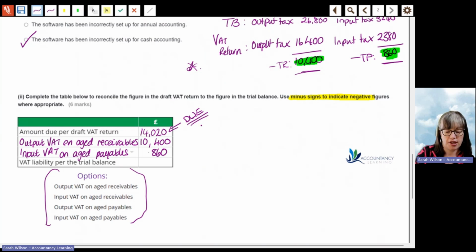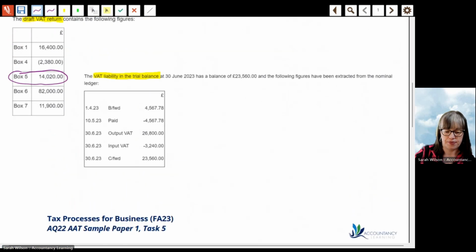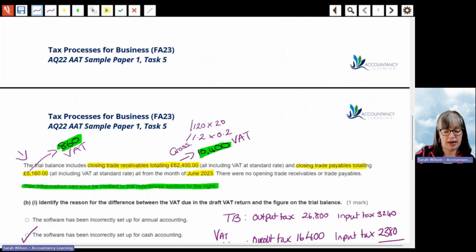So therefore, we need to put a minus in there as well. So when you then add these two together, take off your 860, you get 23,560, which when we look back up here, that matches our VAT liability in our trial balance.